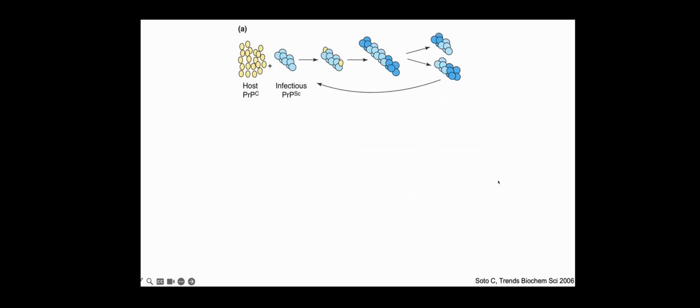And underlying the prion paradigm is, again, we have the normal prion protein, the yellow dots, and then either it spontaneously misfolds, something that we call sporadic prion disease, or it can come into contact with an infectious form. And the infectious form, the blue dots, will convert the yellow dots into itself.